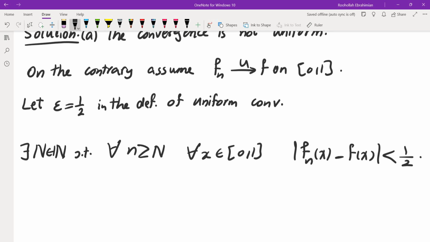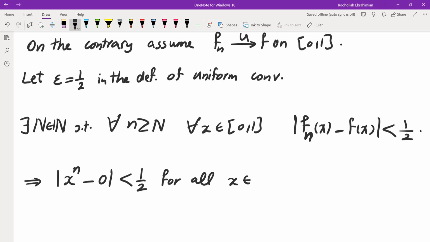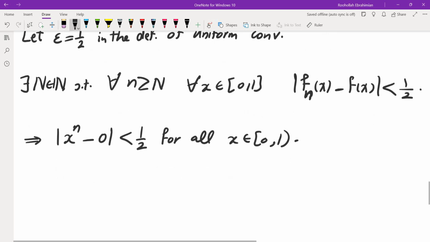Now I'm going to substitute fn of x and f of x by their values. So if I substitute here, I get x to the power of n minus f of x, and for all x between 0 and 1, f of x would be 0.